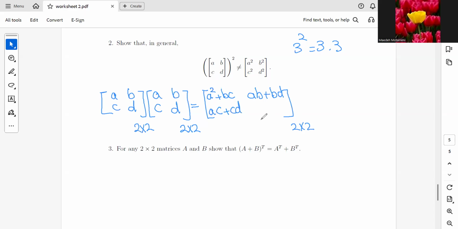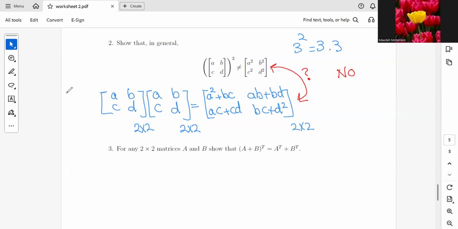And the last one, second row, second column, which will be BC plus D squared. Now, the question is, are they the same? This is the answer for the left side, and this is the answer for the right side. Are they the same? The answer is no. So we know that this inequality is correct.